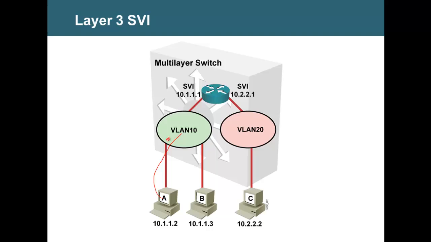This interface is mapped to the SVI, and the routing table knows where is 10.2.2. It is in the other SVI called VLAN 20, so it forwards the traffic like this. I don't need a router here. This itself does the routing job.